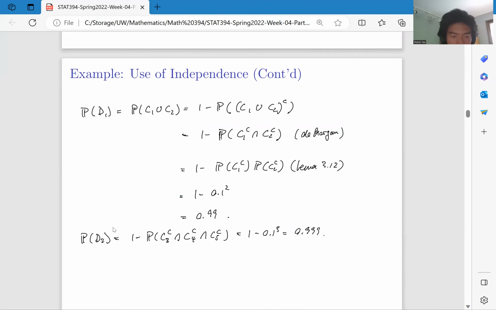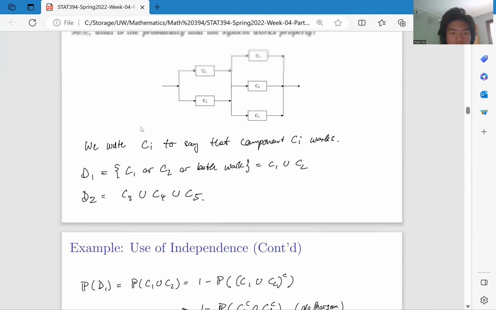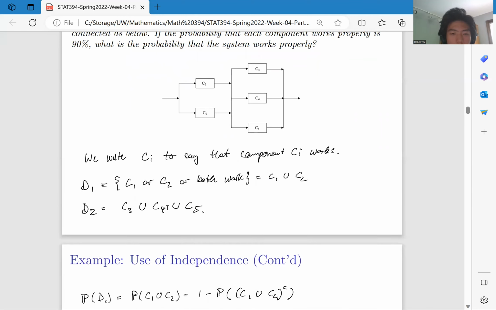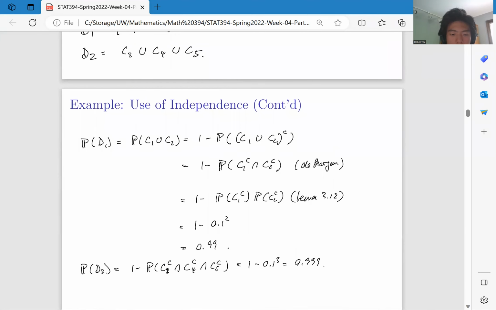And also the probability of D2, remember, is the probability of C3 union with C4 union with C5. So this is 1 minus C3 complement intersection with C4 complement intersection with C5 complement, and this turns out to be 0.999.